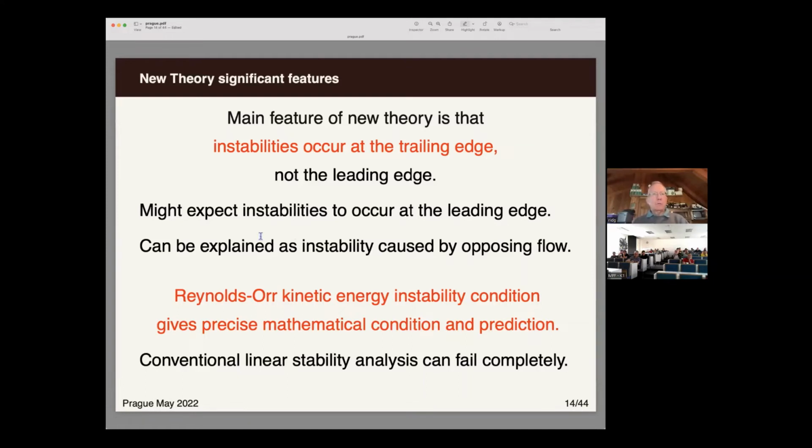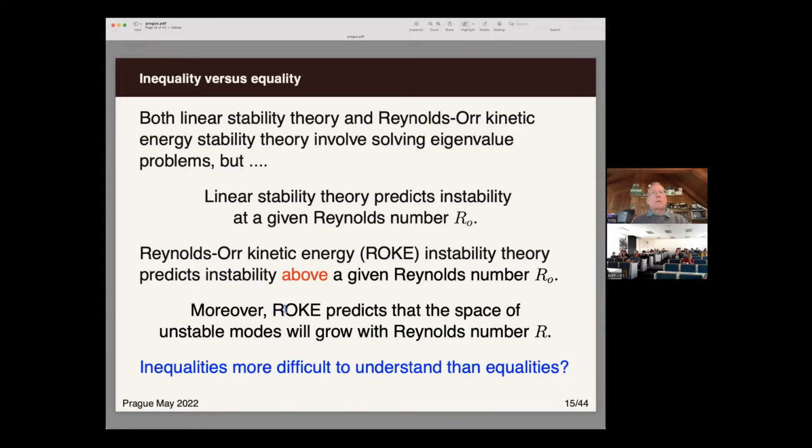And we'll show that this Reynolds or kinetic instability theory gives a precise mathematical way to describe those. And this conventional linear stability analysis can fail completely. Okay, just a little bit about those two.